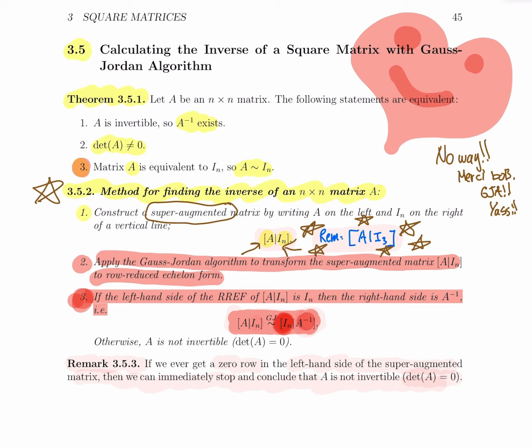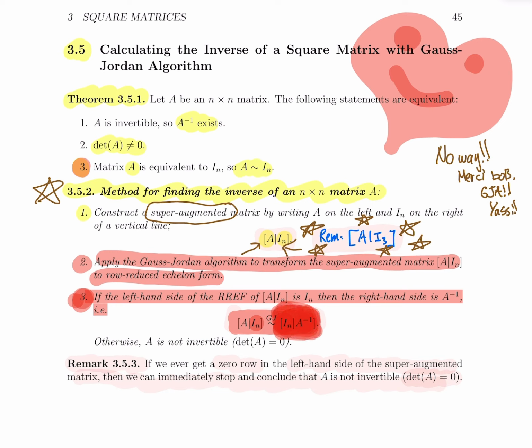Then on the right side, where you used to have the identity matrix, that brand new matrix, after you do your swapping, your elimination, your rescaling, is what you're looking for: the inverse of that matrix.